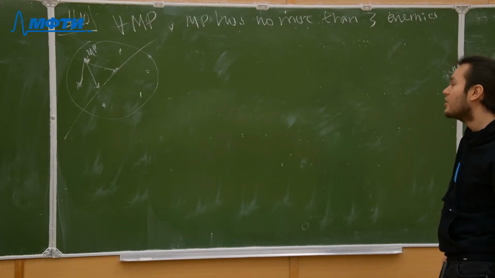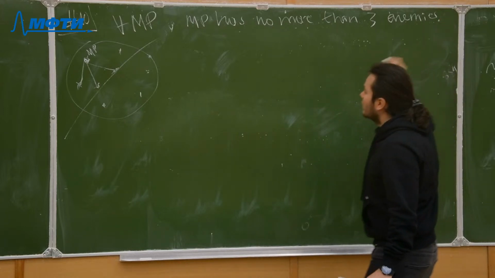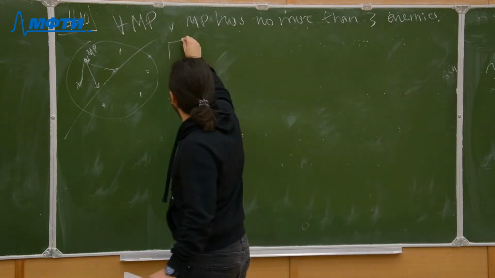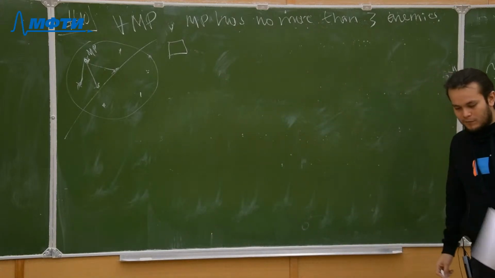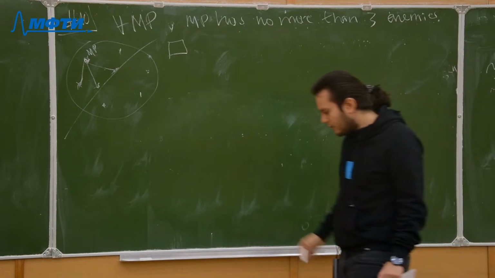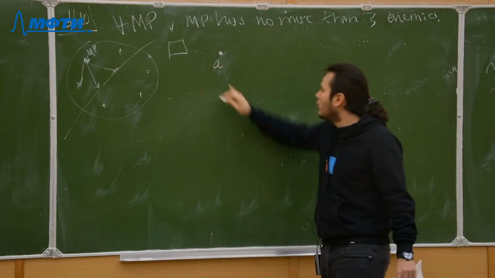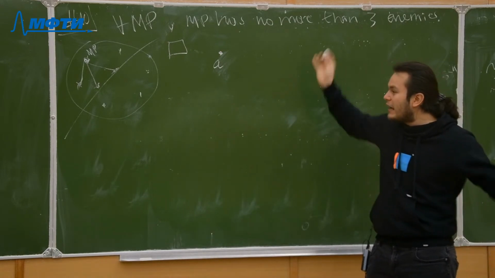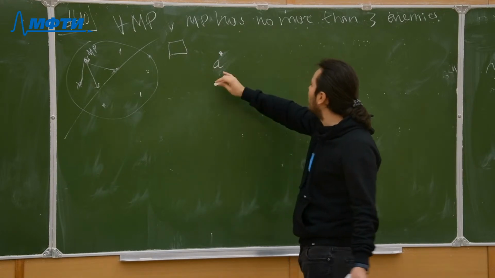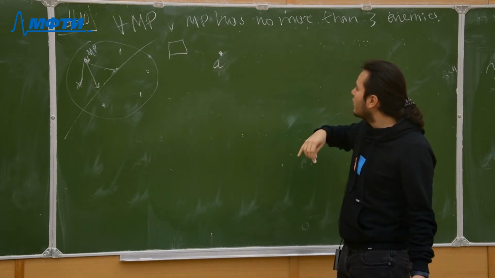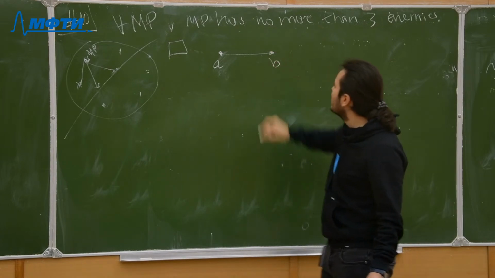By induction, yes, but what kind of, right? So let's prove it. First of all, let's imagine that this is the member A, so a member of parliament here. And let's suppose that B is his enemy.